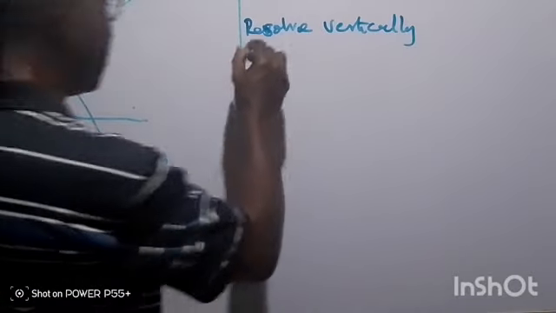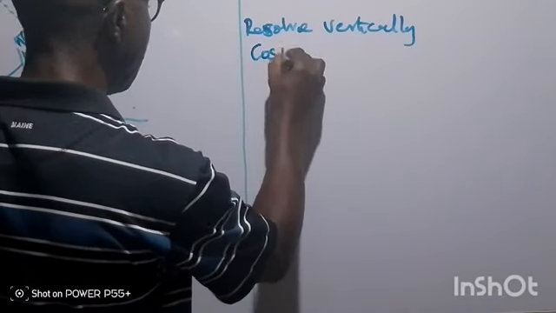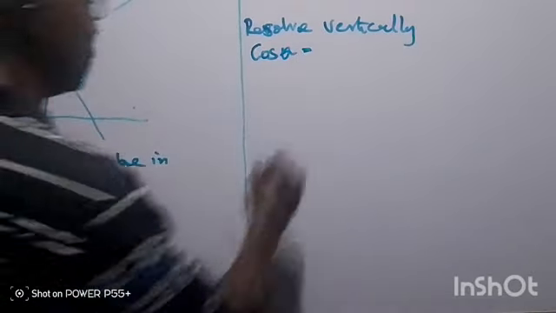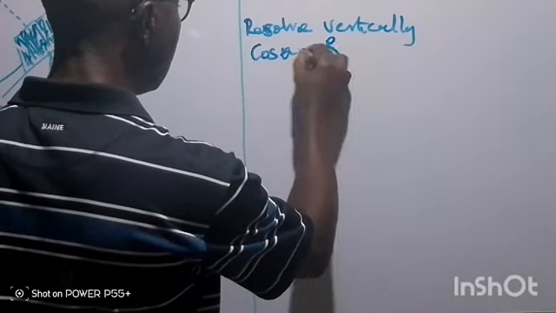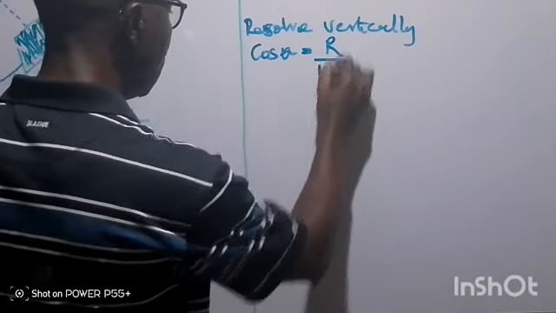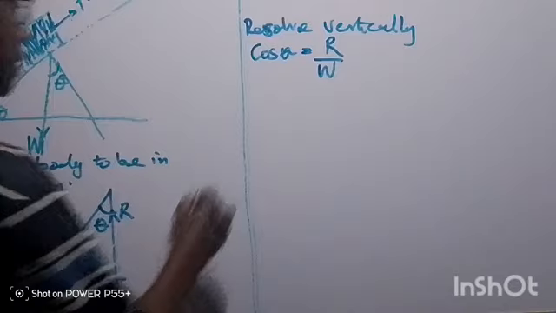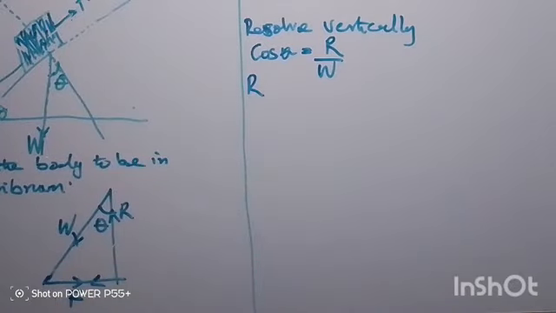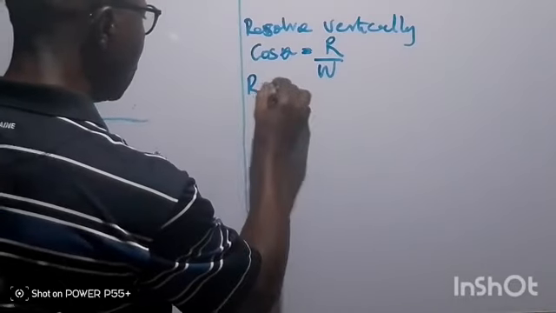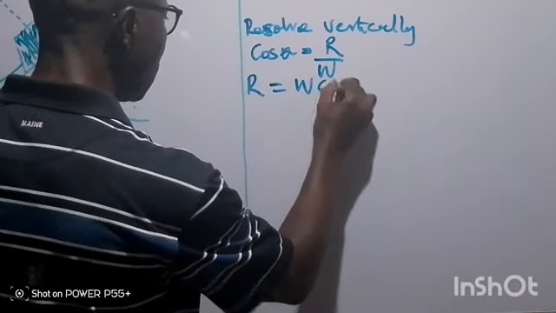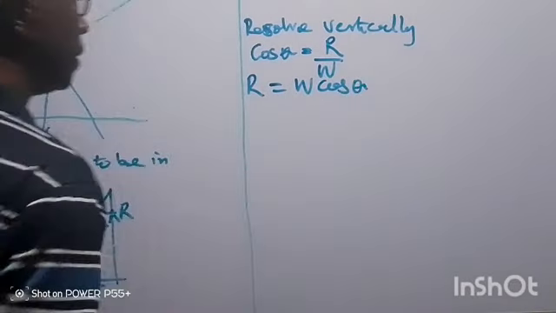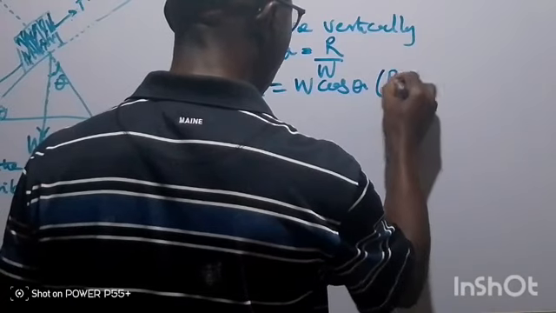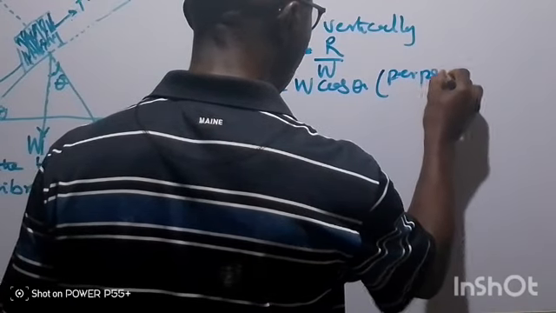That will be cos theta. Cos theta will be equal to adjacent over hypotenuse, R over W. And the R, which is the normal reaction force that is perpendicular to the surface, will be equal to W cos theta.